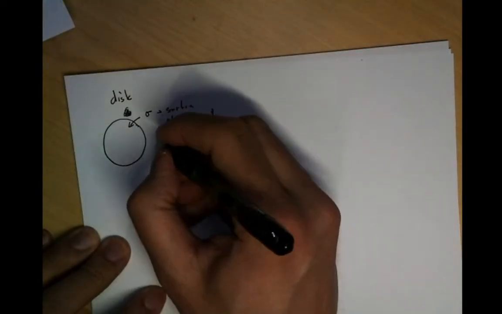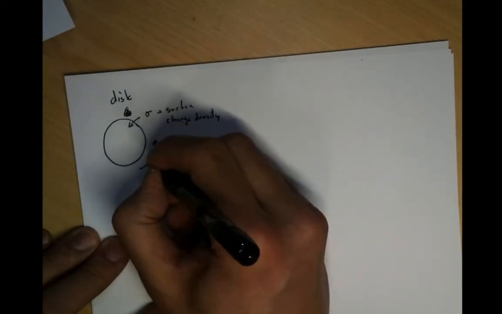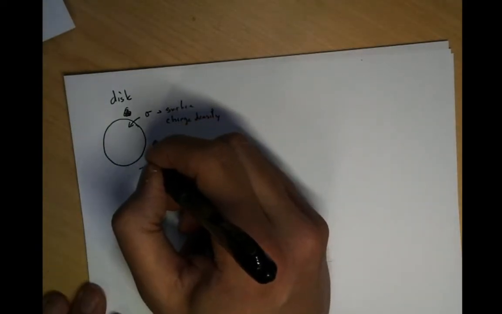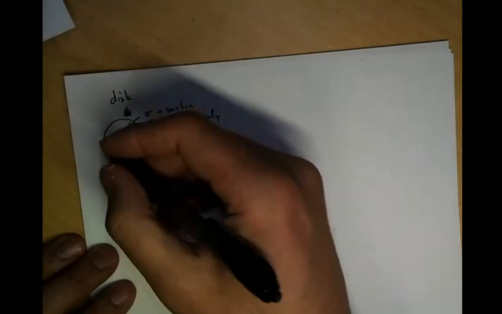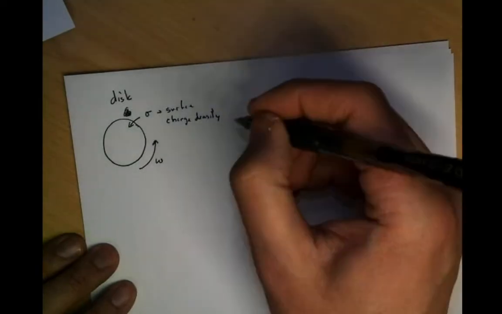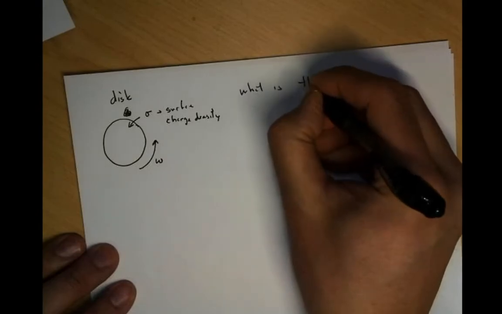I'm going to set this into rotation, so this entire thing is going to rotate with some angular frequency omega. What I want to do is compute what the magnetic moment of this rotating charged object is. So what is the magnetic moment?